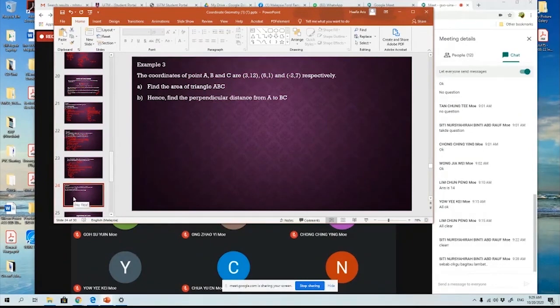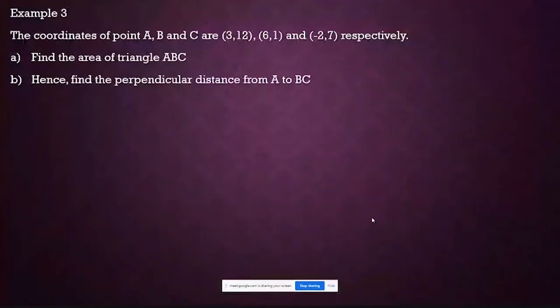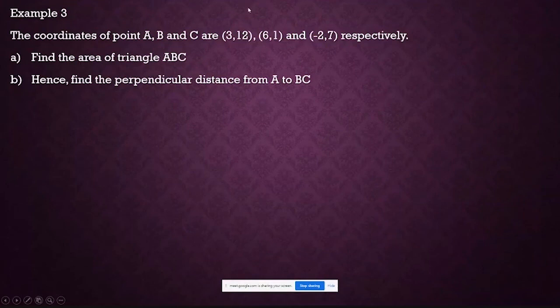Okay, last example 3. The coordinates of points A, B, and C are (3, 12), (6, 1), and (-2, 7). So the coordinates are given here.